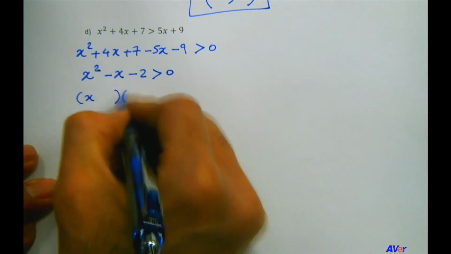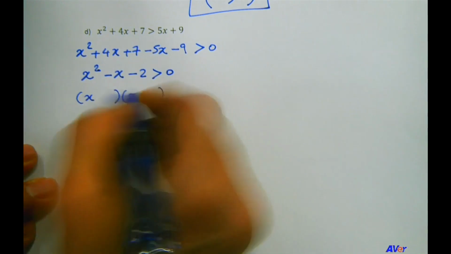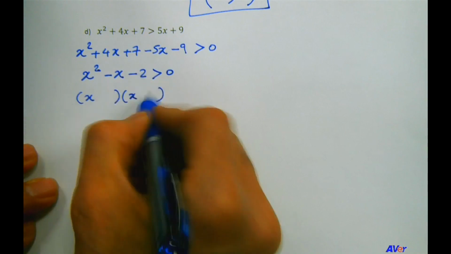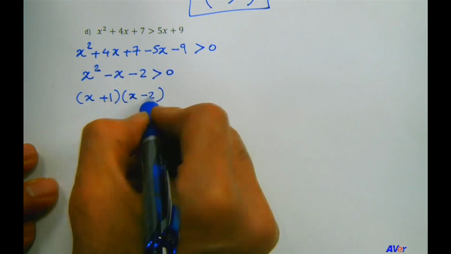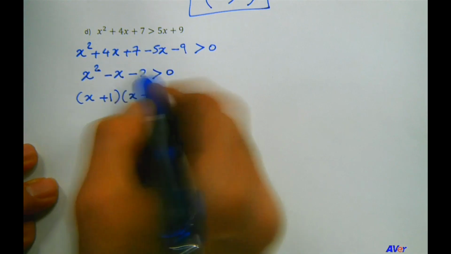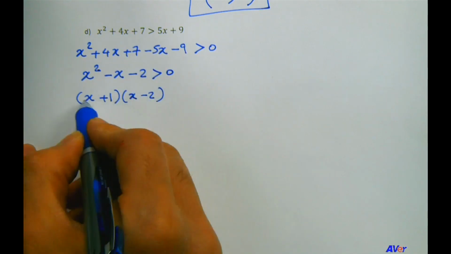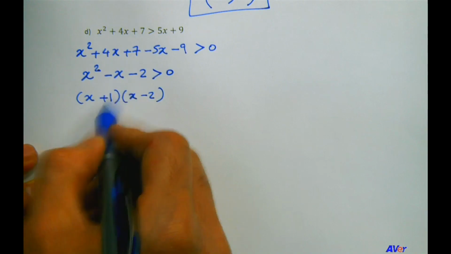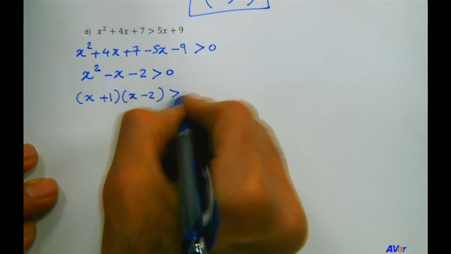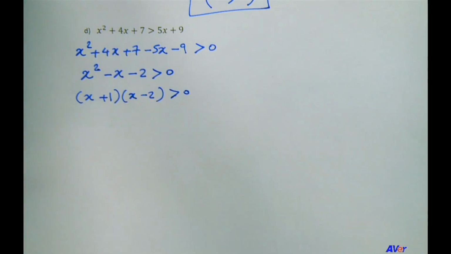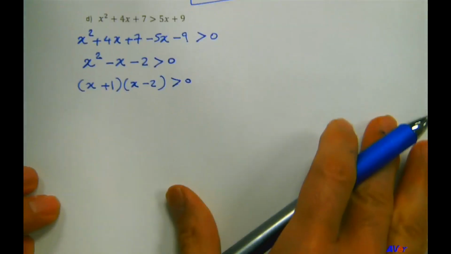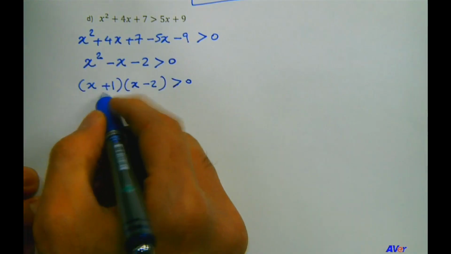Okay, this is an easy expression to factor. We have x times x, x squared, minus 2, so minus 2 and plus 1. 1 times minus 2, minus 2. And minus 2x plus x, it's minus x. So these are the correct factors of that expression. So let's find the critical values, right?